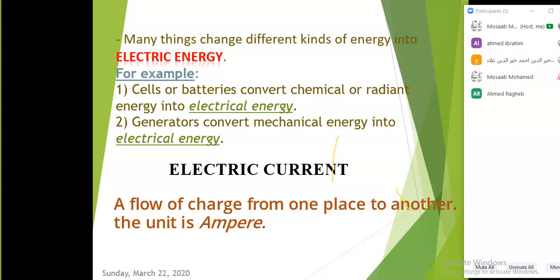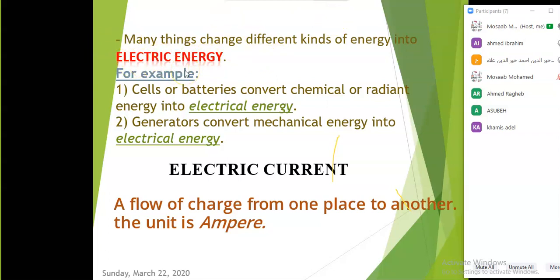Okay. Also we have generators. Generators are another example of converting mechanical energy into electrical energy. So our main topic is electrical energy.